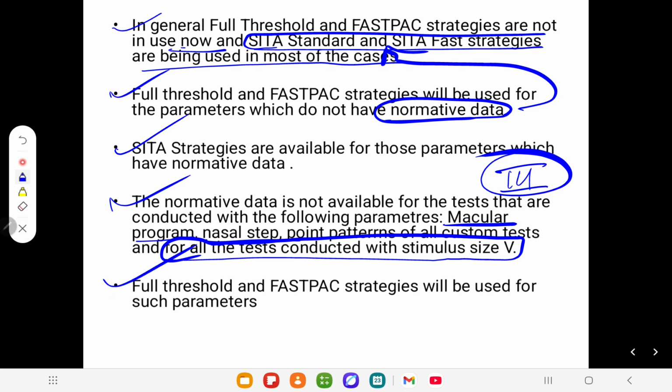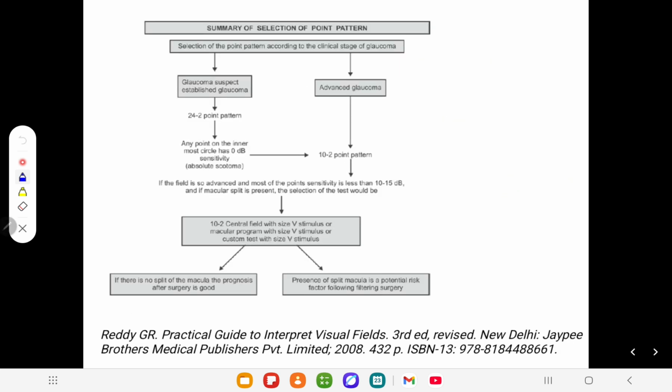So full threshold or fastpac strategy will be used in such cases, if size 5 is used, or if there is the macular program or nasal steps. Okay, so let's discuss how to think.